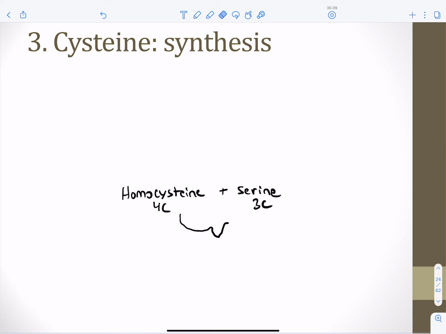Oops, that was bad. Hang on. There. Is going to form an intermediate called cystathionine. Okay, and this is through a cystathionine beta synthase.